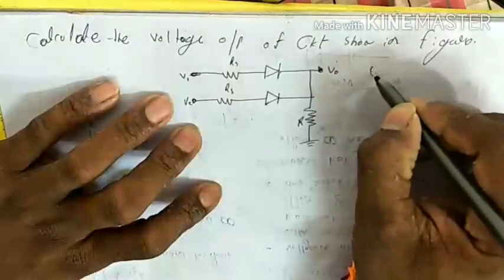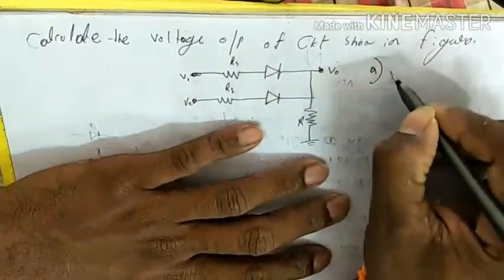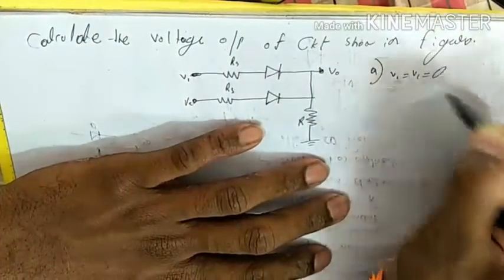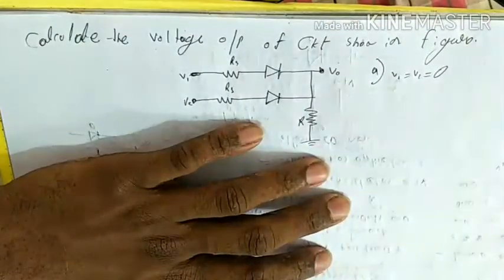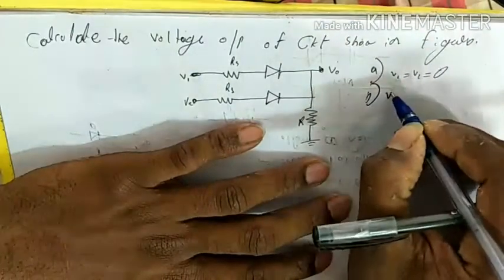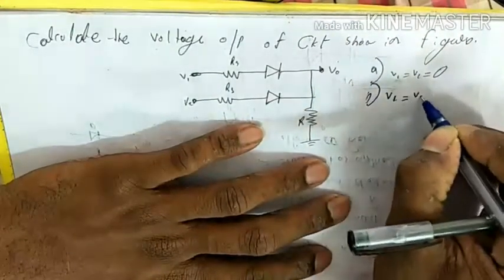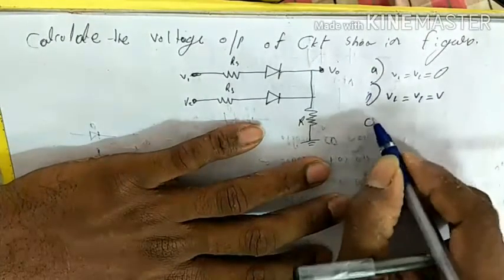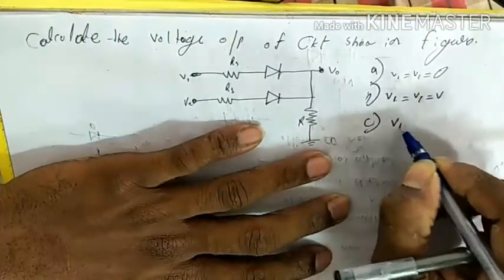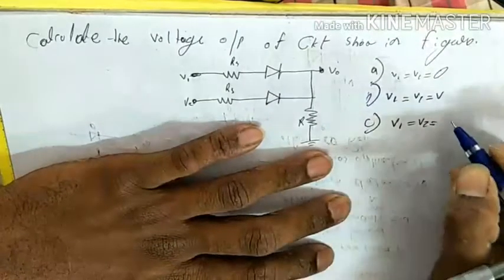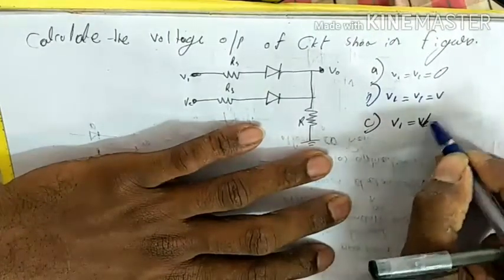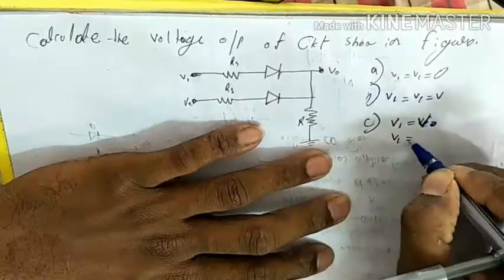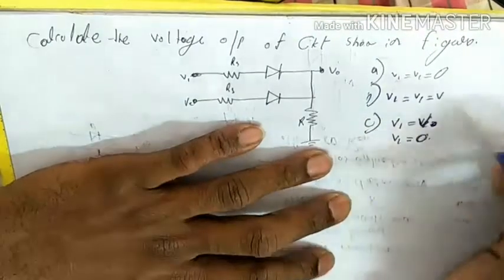The questions are: A, V1 equals V2 equals 0; B, V1 equals V2 equals V; and C, V1 equals V and V2 equals 0.